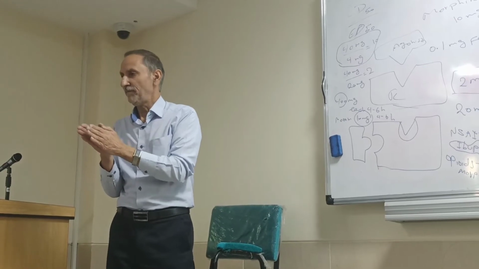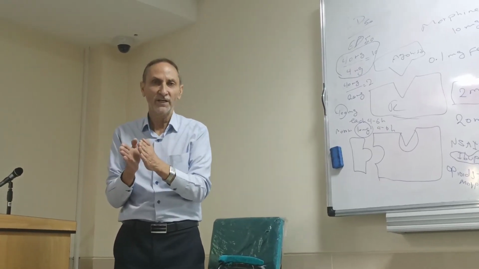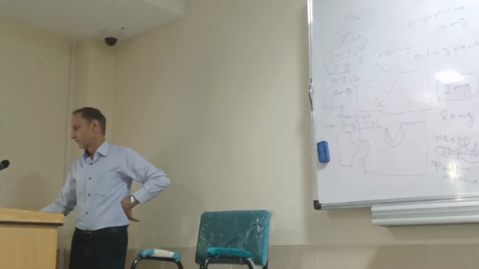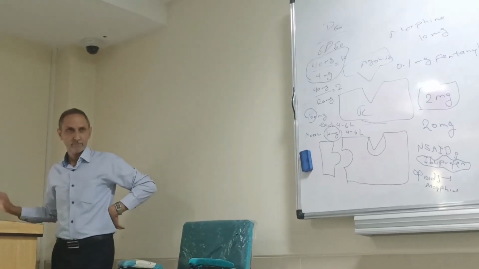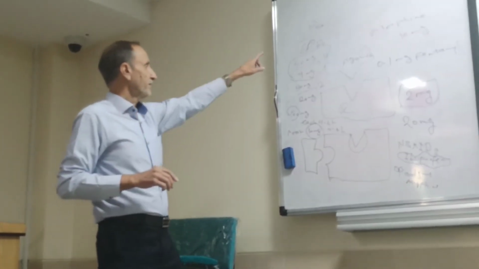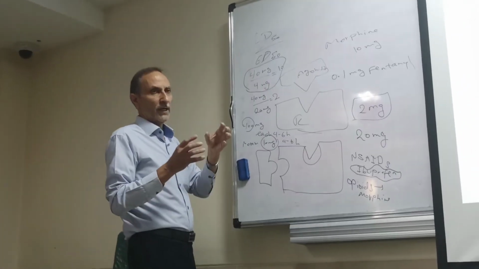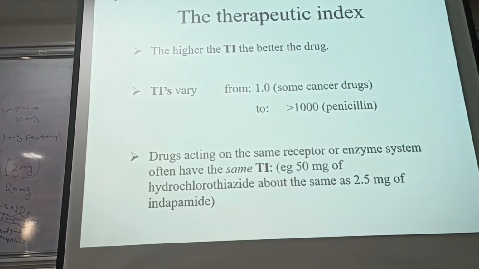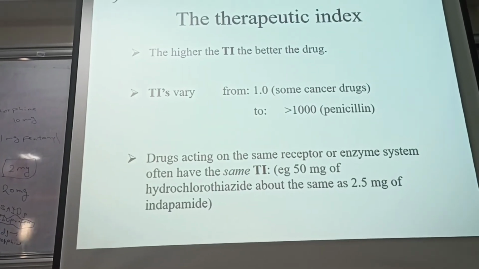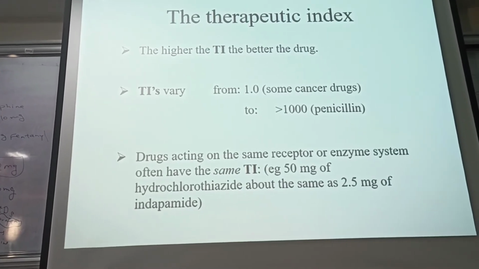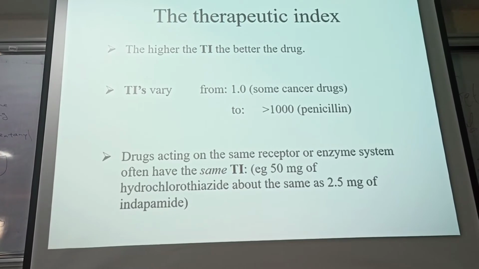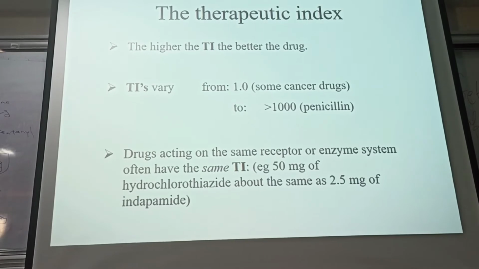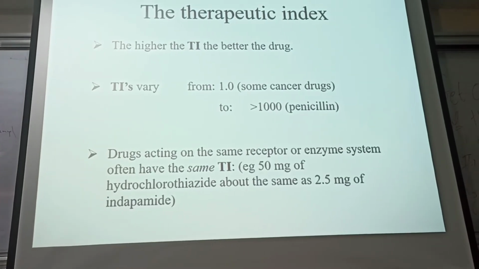And if LD50 and ED50 are close to each other, it's not good for drugs. If LD50 and ED50 are closer to each other, the therapeutic index is low, as I said. We can determine LD50 in animals, in mice. We can determine ED50 and we can measure therapeutic index or the ratio of these two.